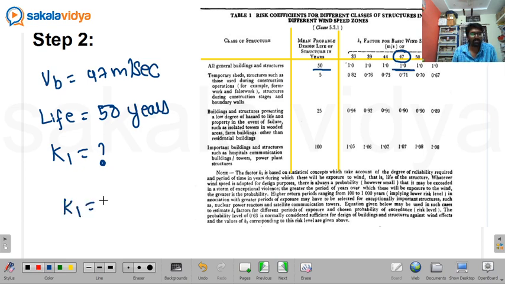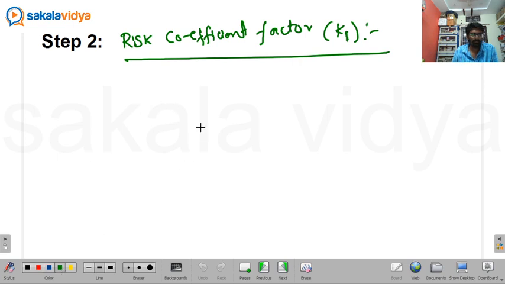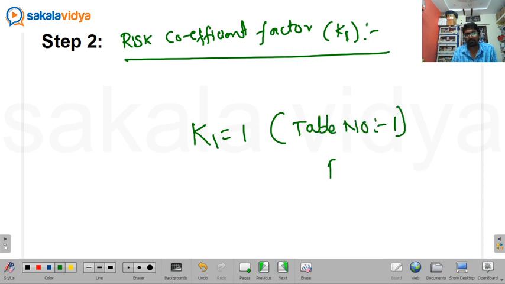K1 is equal to 1 by using table number 1, page number 11, codebook IS 875 part 3.